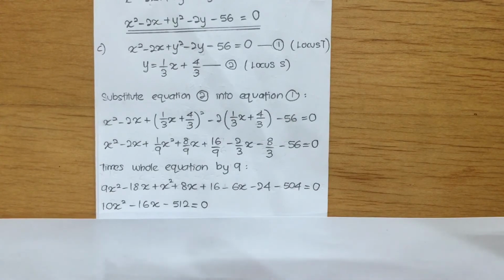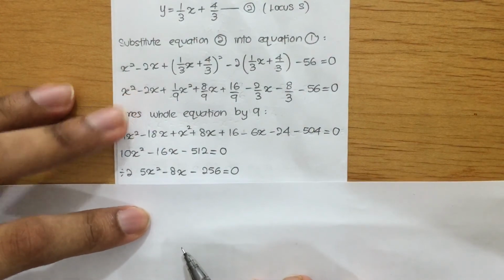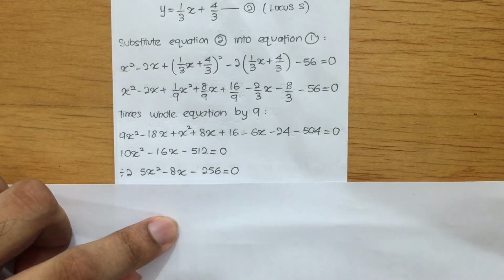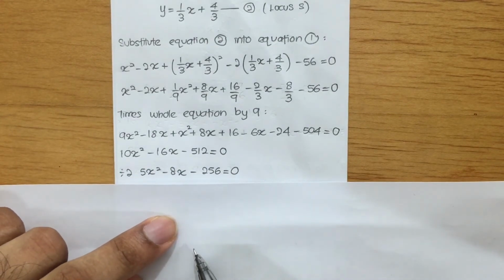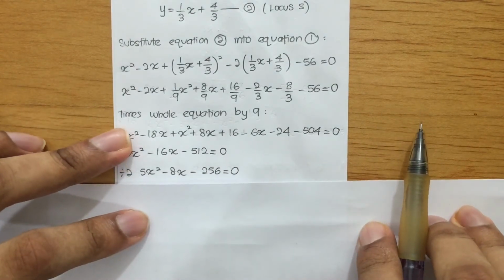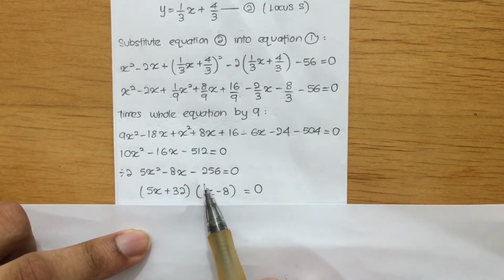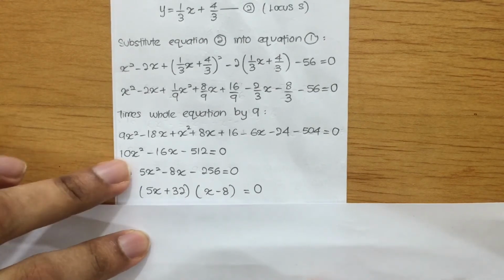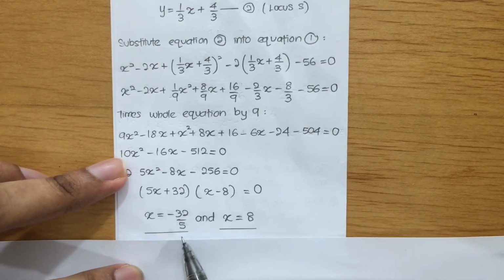You can simplify the quadratic equation by dividing the whole equation by 2, so you get 5x² - 8x - 256 = 0. Now you can factorize this using the factorization method. You get (5x + 32)(x - 8) = 0. From here you get two x values: x = -32/5 and x = 8.